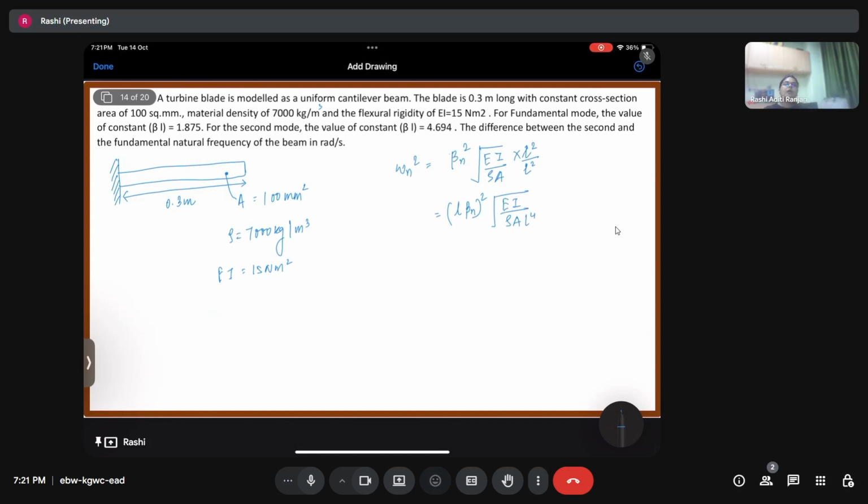Correct. Now, EI we already know the value. Rho we know the value. But I think for this expression, rho was essentially the mass density per unit length, not with respect to the volume. So we need to find out that expression. You can just write it as mu for now.